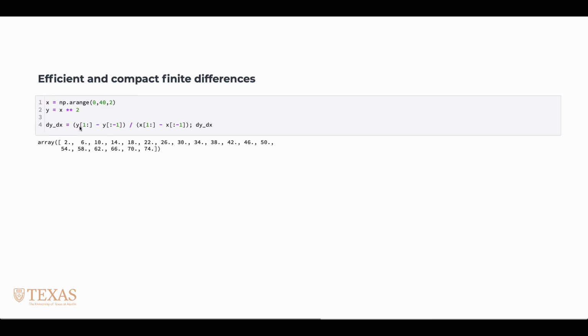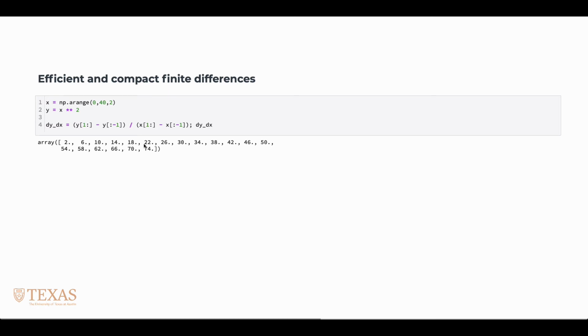Using this syntax, this computes all of the changes in y across the whole array. So starting from the second element of y to the end and subtracting from the beginning of y to 1 from the end, that gives us our delta y, and same thing for our delta x in the denominator here. And so the resulting approximation to the derivative of the curve is that.